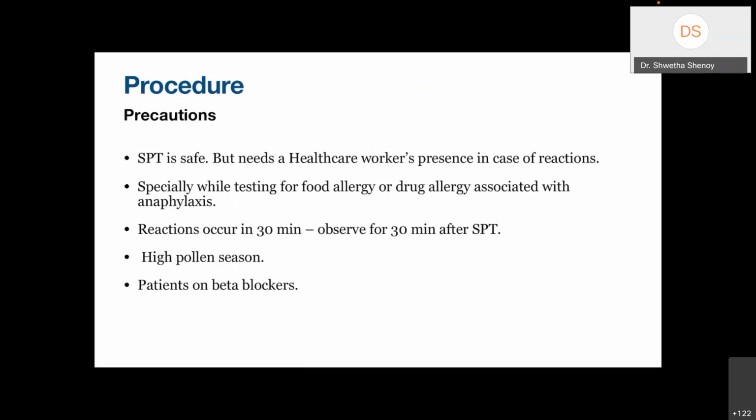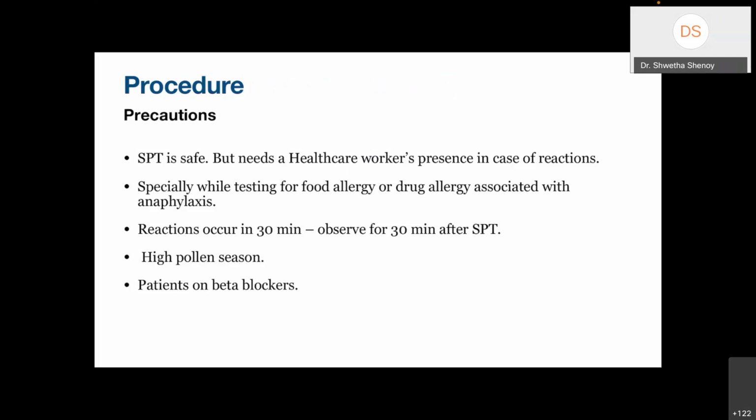So let's start with the precautions for this. I'll come to what kind of allergens, and when to use what allergen, a little later. SPT is safe, but it needs a healthcare worker's presence in case of reactions, especially when we are testing food allergy and drug allergy.